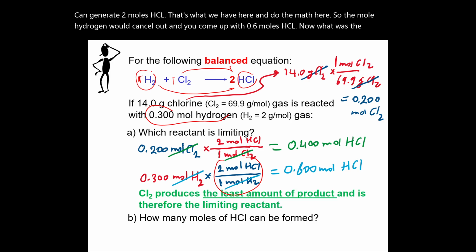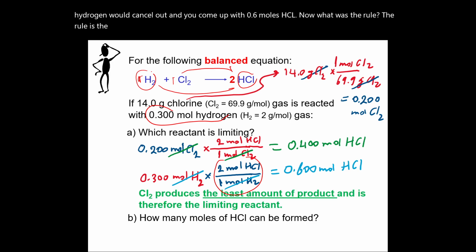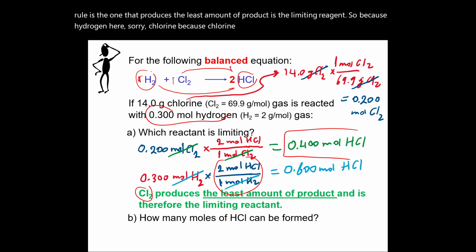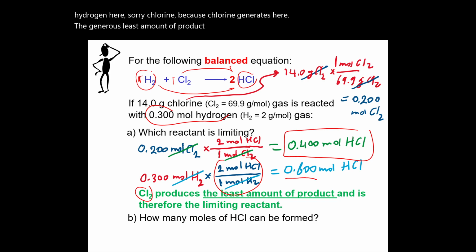The rule is the one that produces the least amount of product is the limiting reagent. So because chlorine generates the least amount of product, 0.4 versus 0.6, the chlorine is the limiting reactant here.